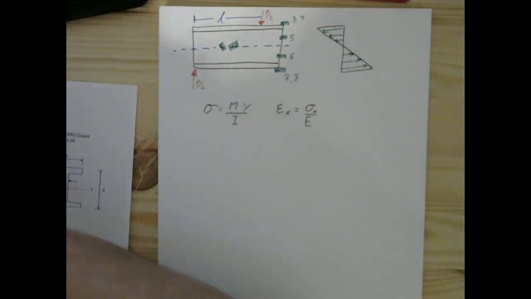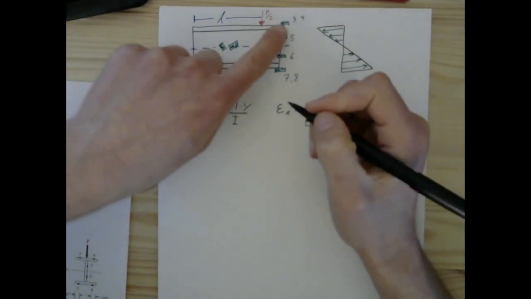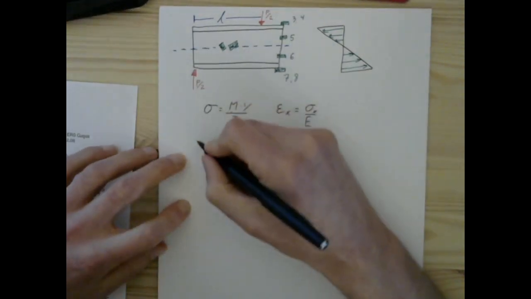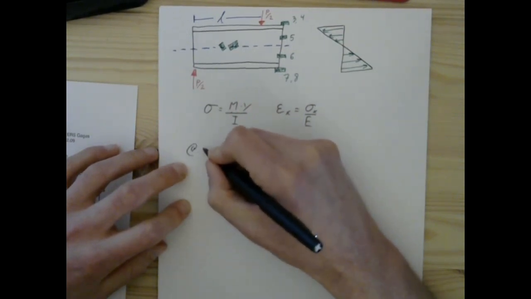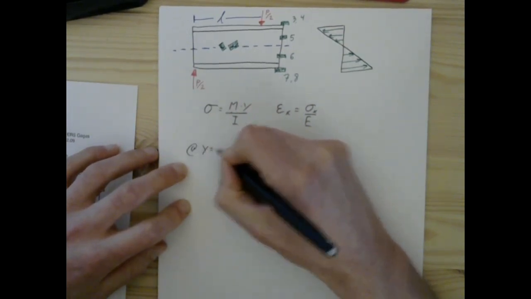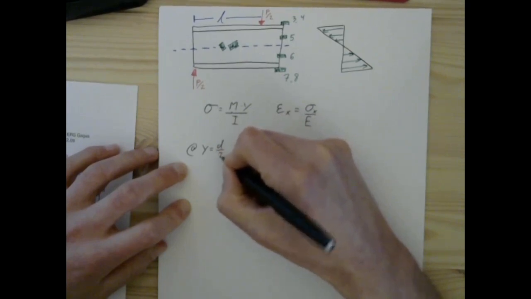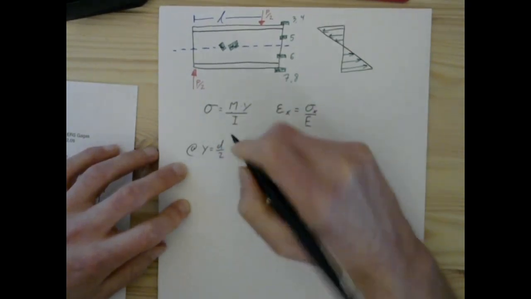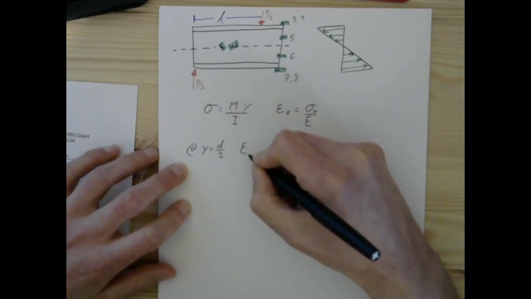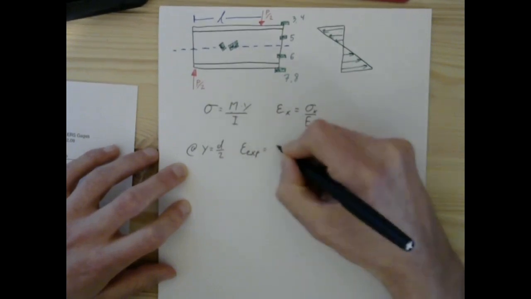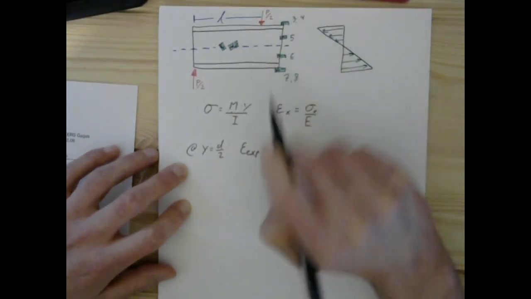That's going to mean that at this top location right here, so at y is equal to positive d over 2, we're going to have the experimental value of strain equal to the average of these two strain outputs.